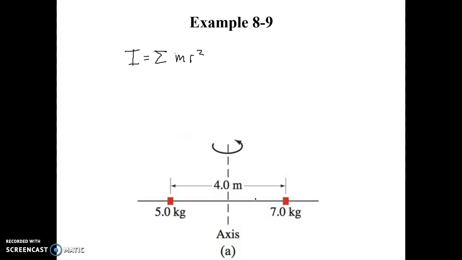We're going to treat these two masses as just simple points. They're not spheres or cubes, they're just points in space. And so I is equal to 5 kilograms times 2 meters squared plus 7 kilograms times 2 meters squared.